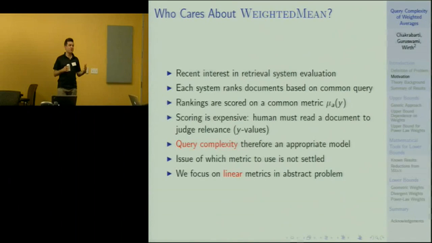They often use things like mean average precision, which is an inherently quadratic kind of quantity where you're multiplying some of the yi's by other yi's. They've got other justifications for it, but it ultimately turns out to be a quadratic metric. So much of the research you see is in trying to get good sampling strategies for these more complicated metrics. But I thought, well, we don't really understand the linear ones first. Let's try and get some better appreciation of that.